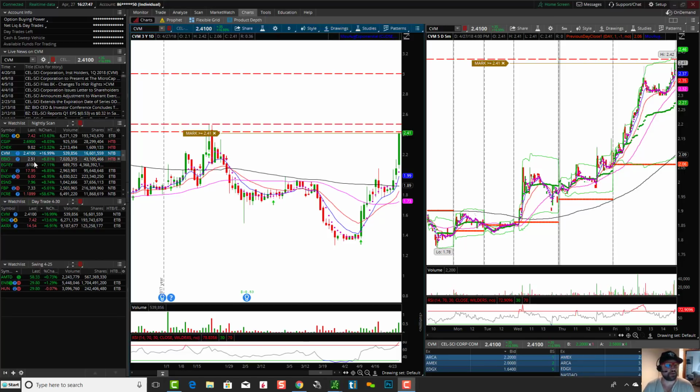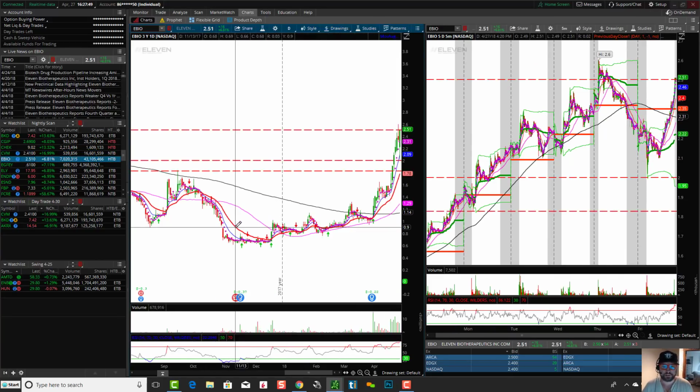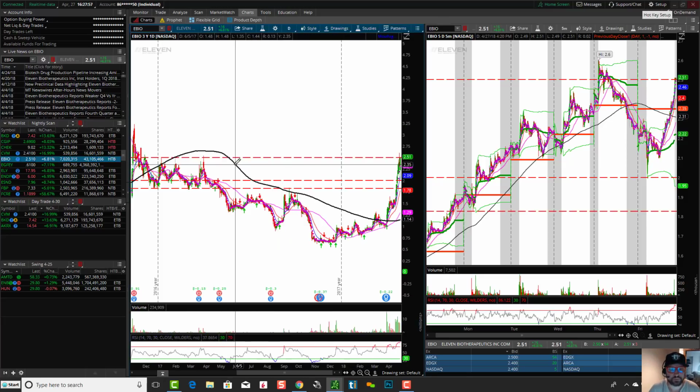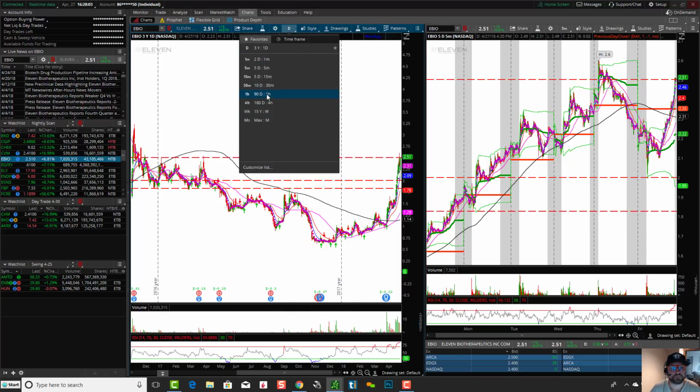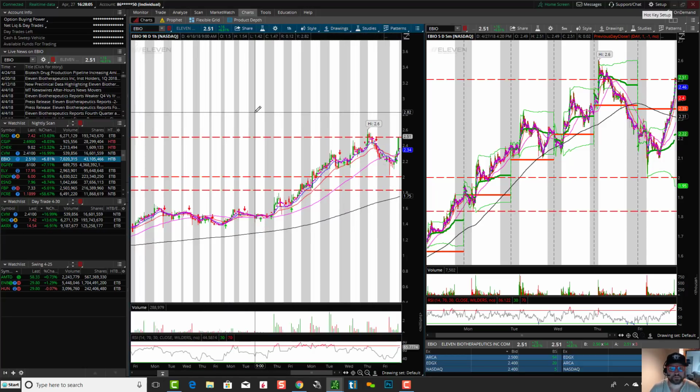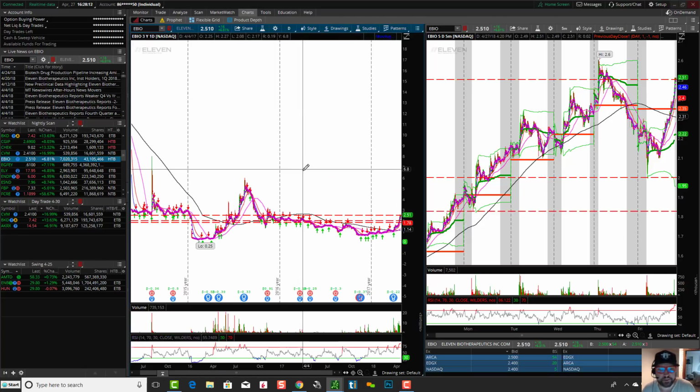All right. EBIO. Man, still really overextended, but it's holding that 250 area. Might be looking to break out. Things struggle. It's being stubborn.